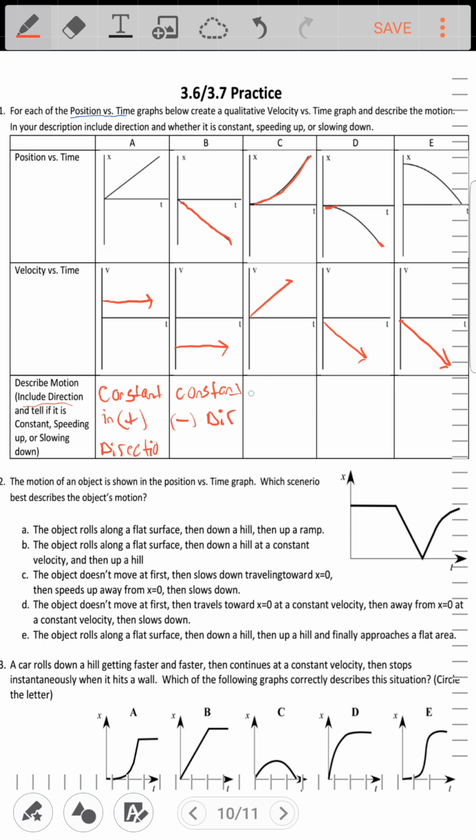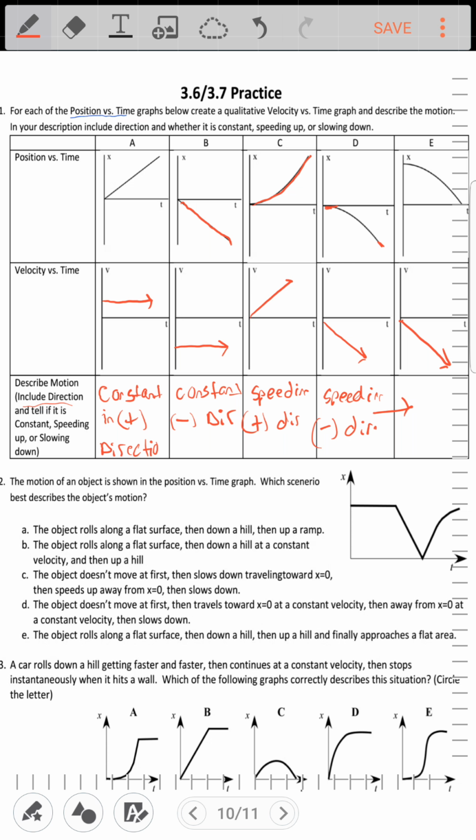Letter C is speeding up in the positive direction, while letter D is also speeding up in the negative direction. And letter E is the exact same thing as letter D. Now, what would it look like to slow down in a positive direction?